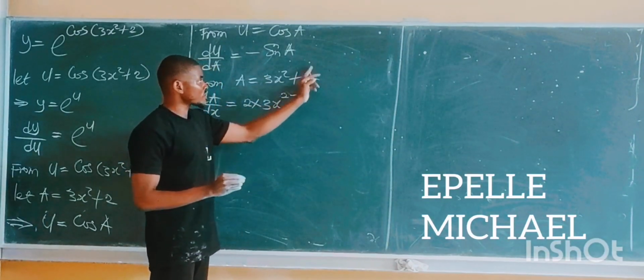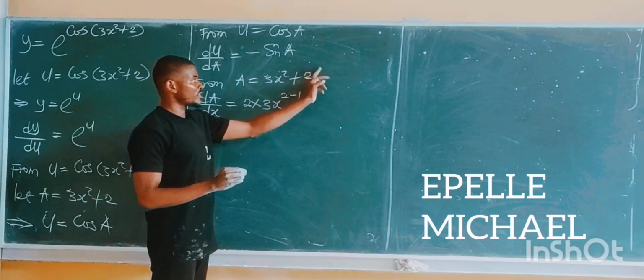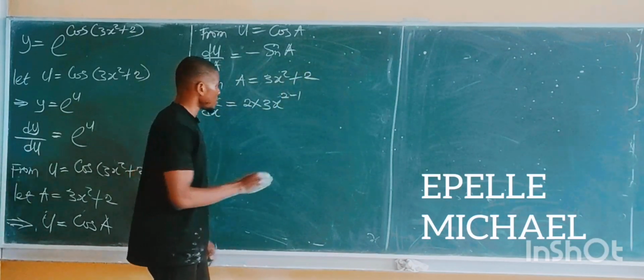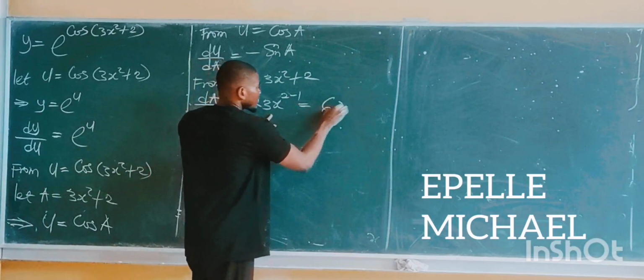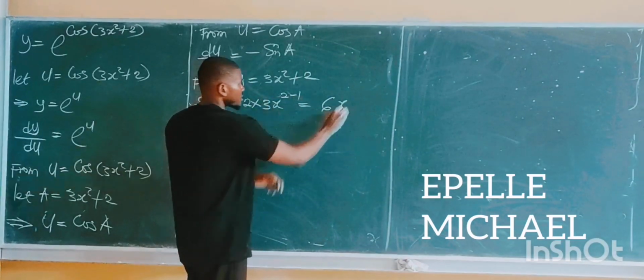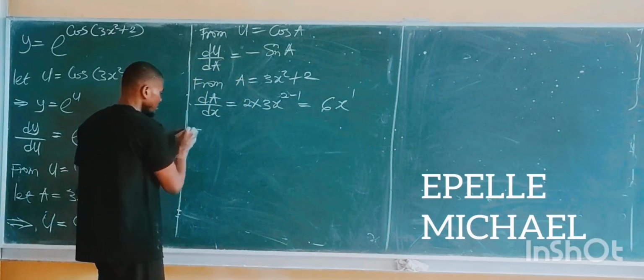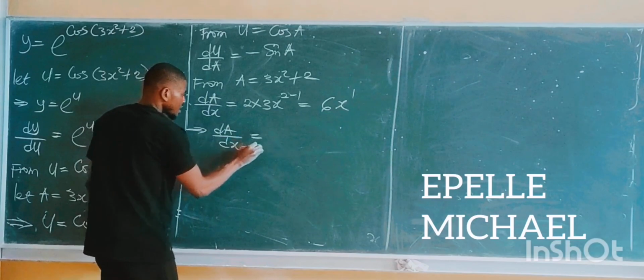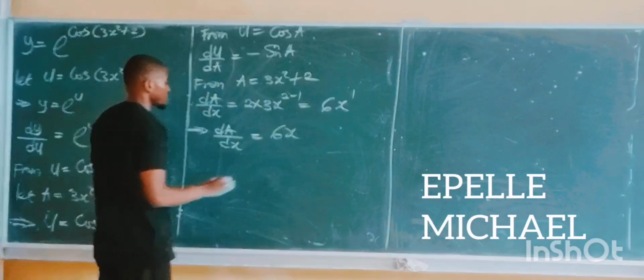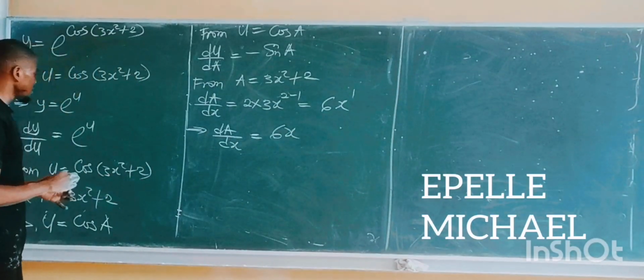The derivative of a constant is 0, so differentiating 2 becomes 0. So this gives me 2 times 3 is 6x, and 2 minus 1 is simply 1. So da/dx is 6x.